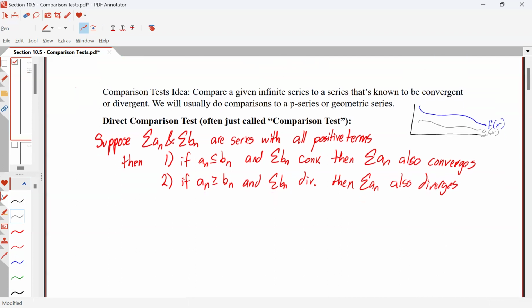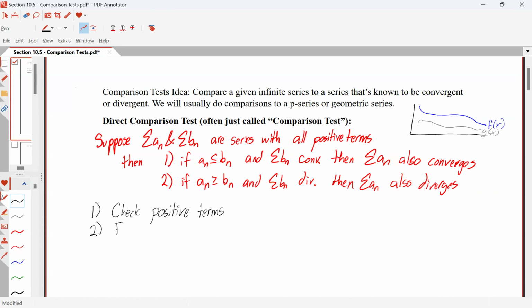So there becomes this process we can use for this direct comparison test. First, we check for positive terms. This is most often just stating that my series is all positive, or the sequence is completely positive. But it does need to be acknowledged, because we're going to get to some tests where they're not always all positive. So we just need to check that.